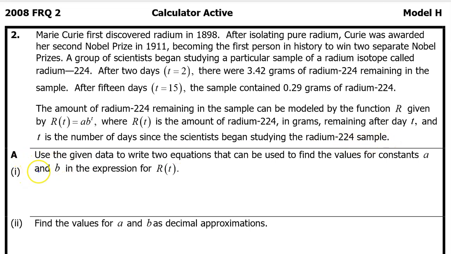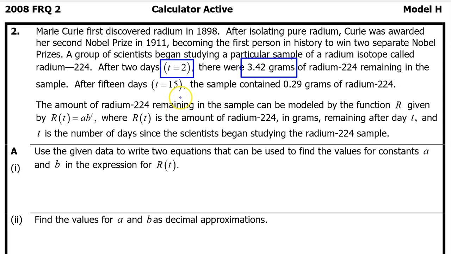A. Part 1. Use the given data to write 2 equations that can be used to find the values of constants a and b in the expression for R of t. Every input-output pair can be used to write an equation. For example, if we plug in the input value of 2 in the model, it should equal the output value of 3.42.